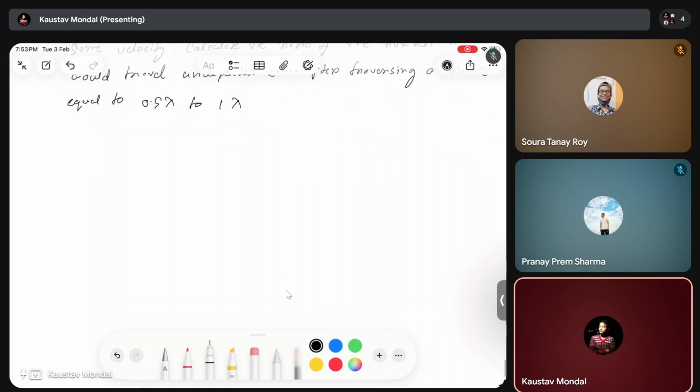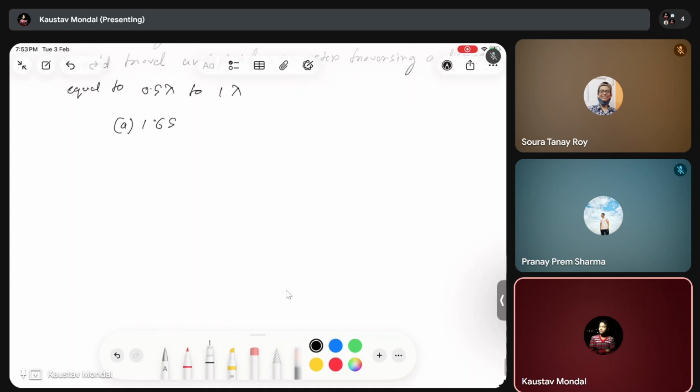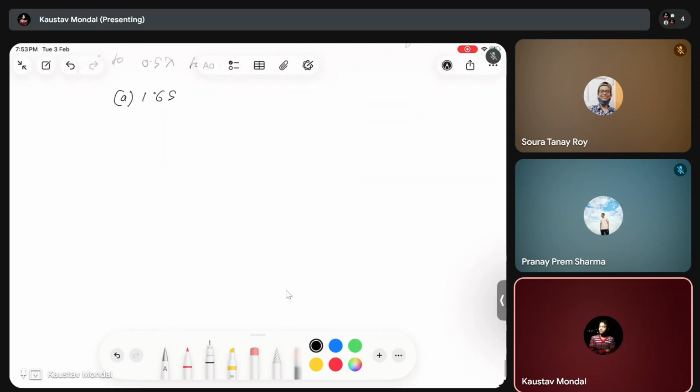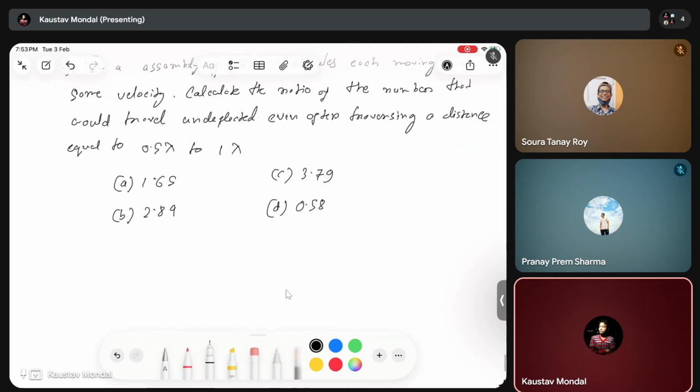Okay. The answers are option A is 1.65, option B is 2.84, option C is 3.79, and option D is 0.58. Okay, these are the four options that are given in the problem.